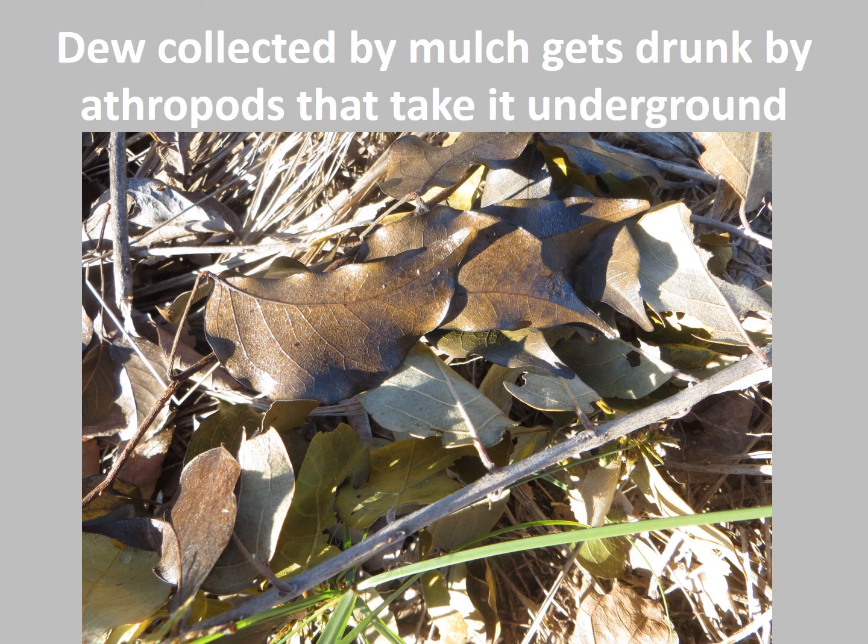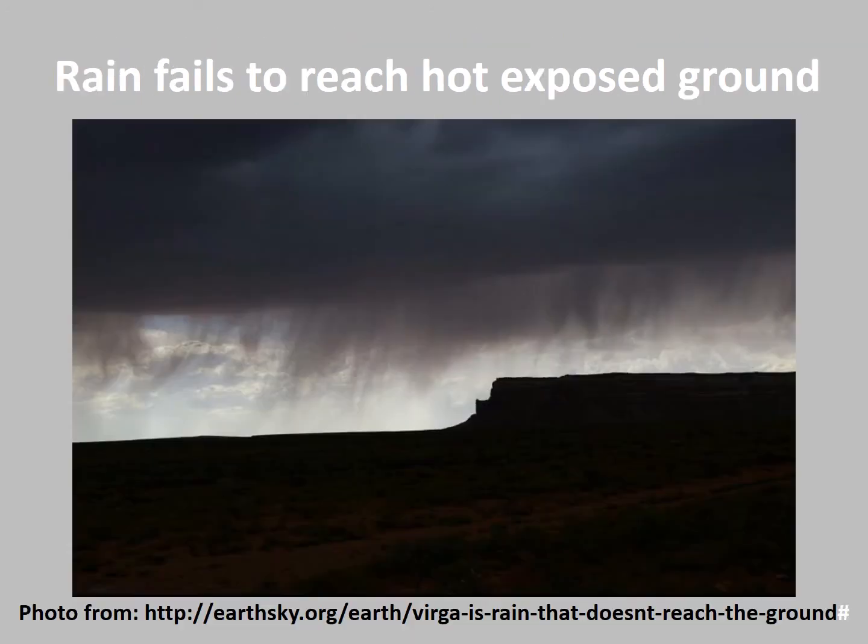And then when the sun comes out, this is shading the soil, and what rolled off of it into the soil is still moist down there, and this is protecting it from evaporation. So what's happening when you have this kind of cover on the soil is you're actually able to maximize the use of the moisture that falls out of the sky.